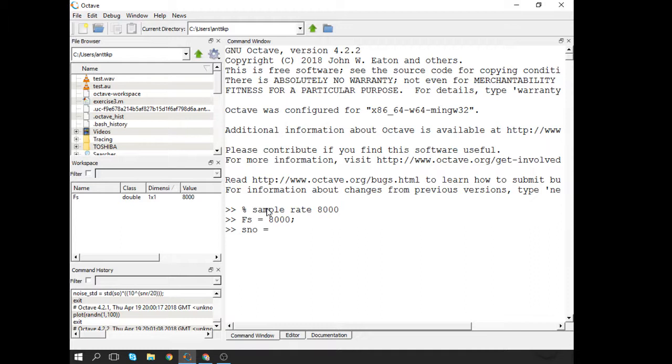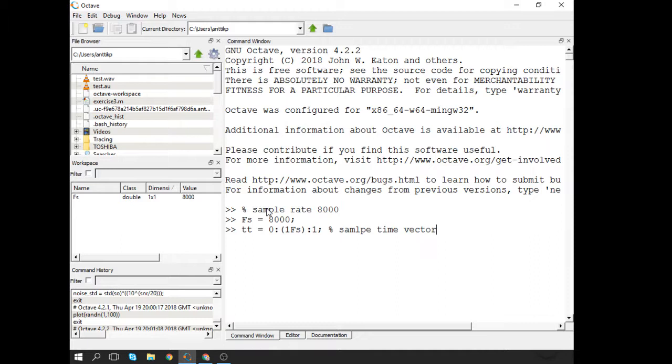Ha ha. Could I do something fancier? Yes. Let me do some fancier things. So SNO equals say 0.5 times sine of, wait a minute. Let me first make the sampling index vector, 1 over fs, to 1 second long sample time vector using that sample rate.